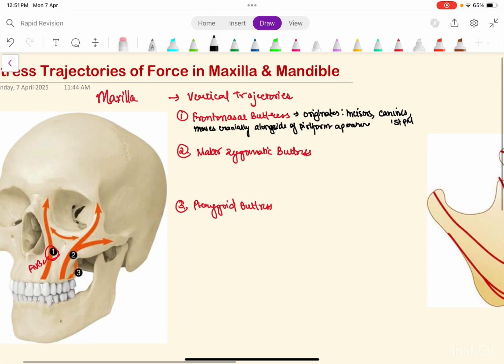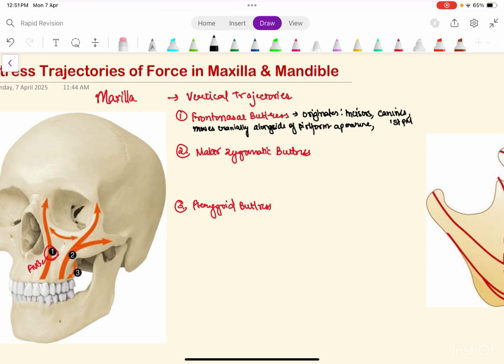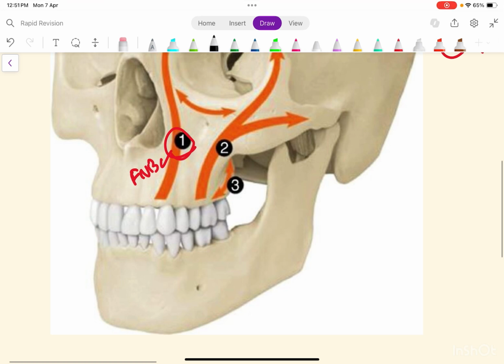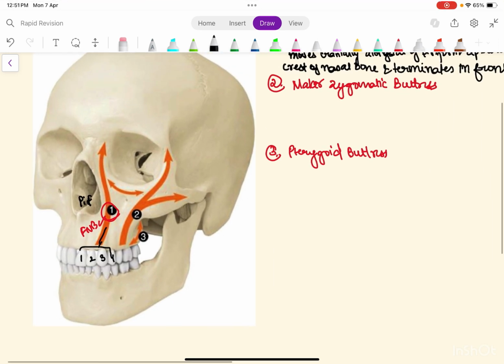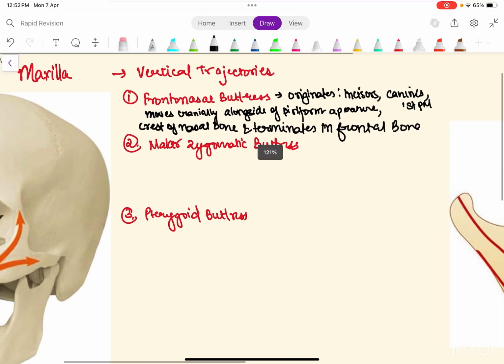Just look at the diagram as well as I speak. See, I said that it originates from the incisors, canines and first premolar, then it passes alongside the piriform aperture, then around the crest of the nasal bone, and then it terminates into the frontal bone. Okay, this is the frontonasal buttress.